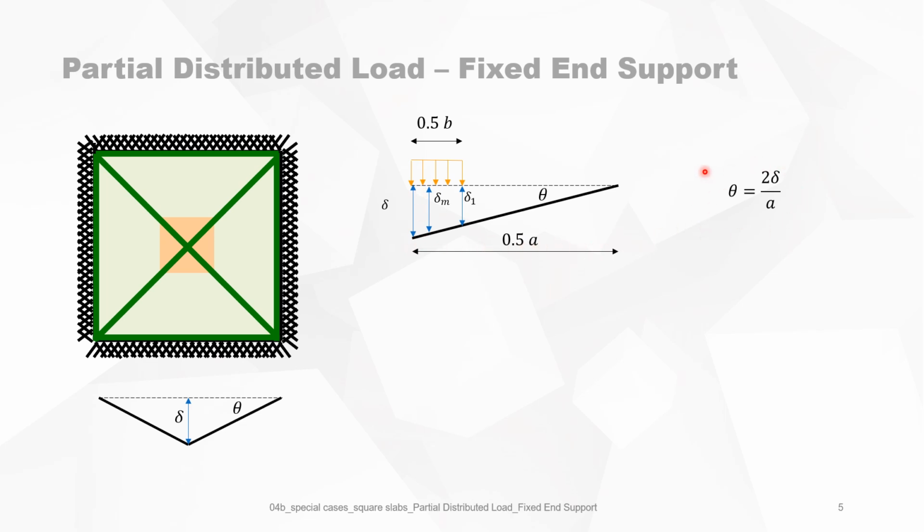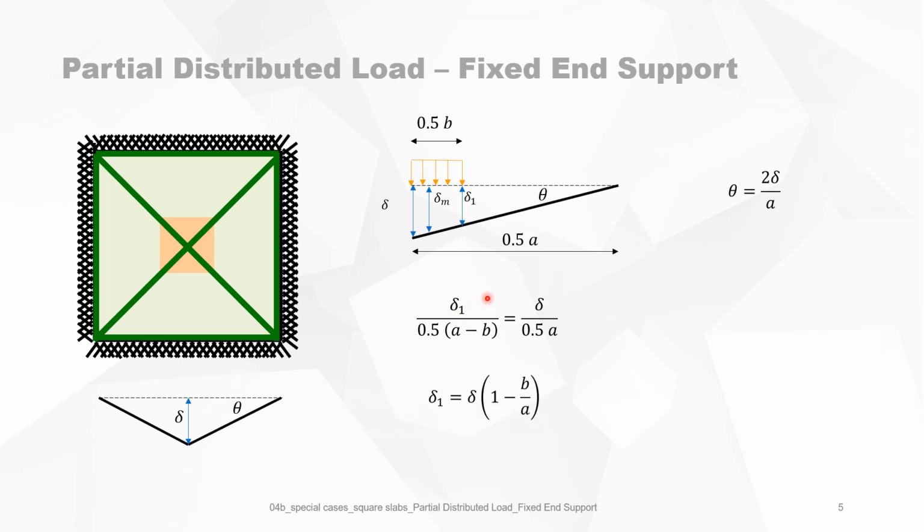That's only valid for small angles theta. And the delta 1 here, divided by this length, which is there, is also the tangent of theta and is equal to delta divided by A over 2.